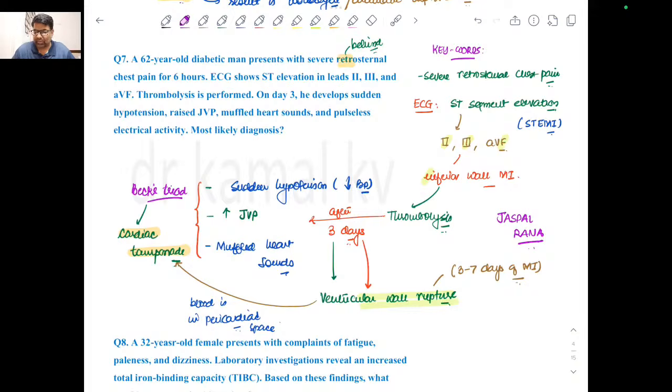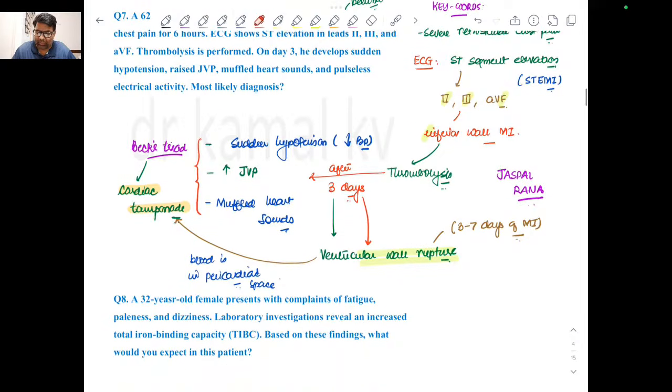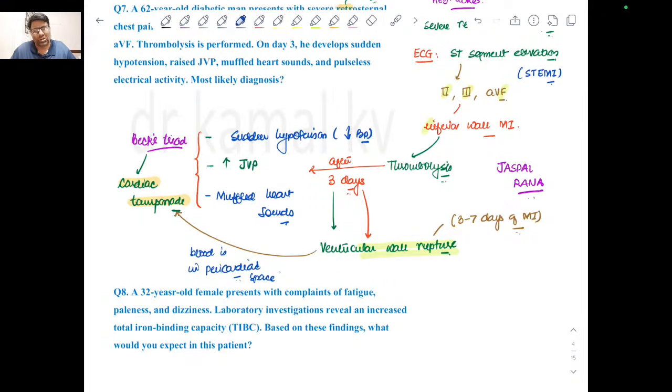He was revived, but as they were planning to discharge him, the ventricular wall ruptured. He went into cardiac tamponade and then he lost his life. So this is a very beautifully framed question, and depending on the option you can choose your answer. But the main thing you need to remember here is the complication, that is ventricular wall rupture.